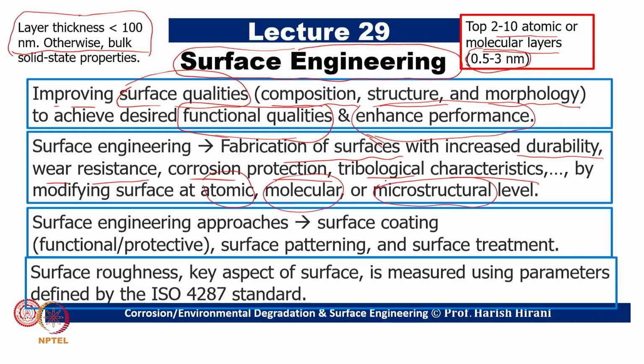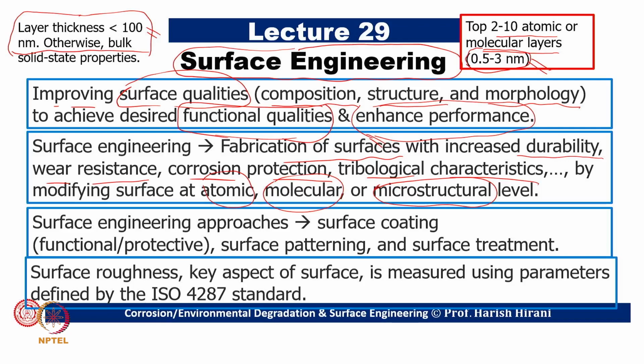If I am thinking about a surface layer of 0.5 to 3 nanometer, naturally I have to think about the atomic layer or at most the molecular layer. However, when we think about 100 nanometer, 0.1 micron, we can think about a microstructural level. So, this depends on whether we are thinking about microtribology, nanotechnology or microtechnology kind of activities.